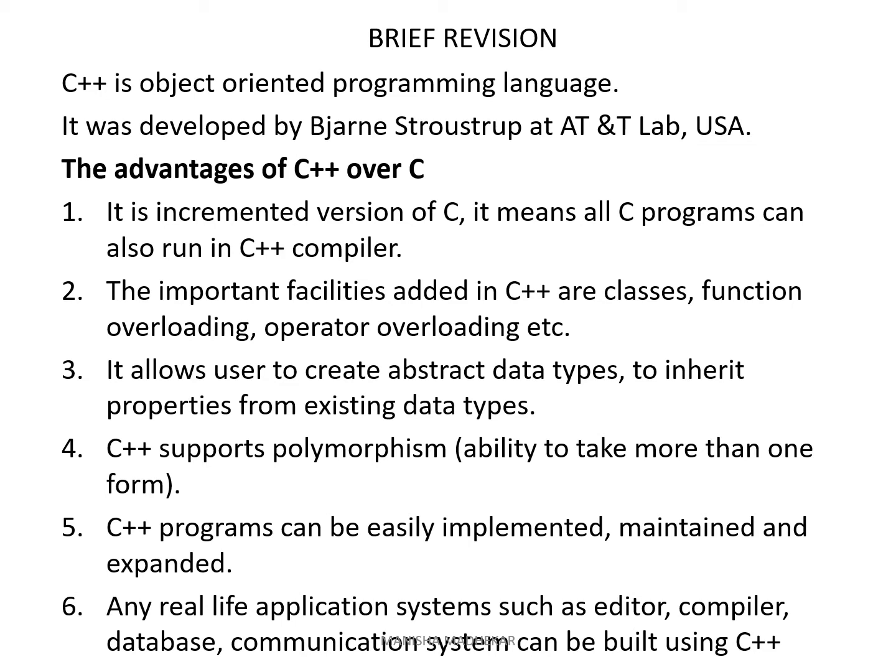C++ supports polymorphism, the ability to take more than one form. That particular thing is called polymorphism. C++ programs can be easily implemented, maintained, and expanded. Any real-life application system such as editor, compiler, database, communication system can be built using C++.